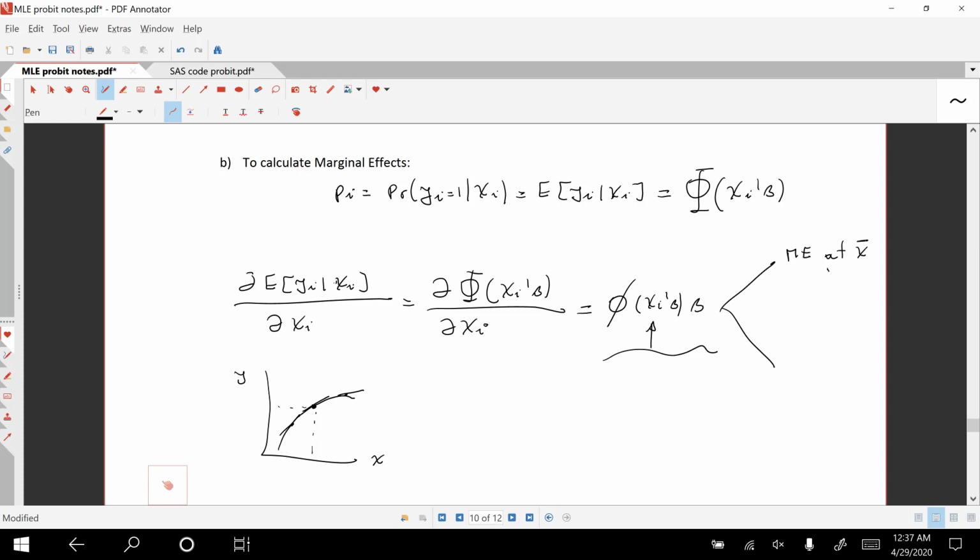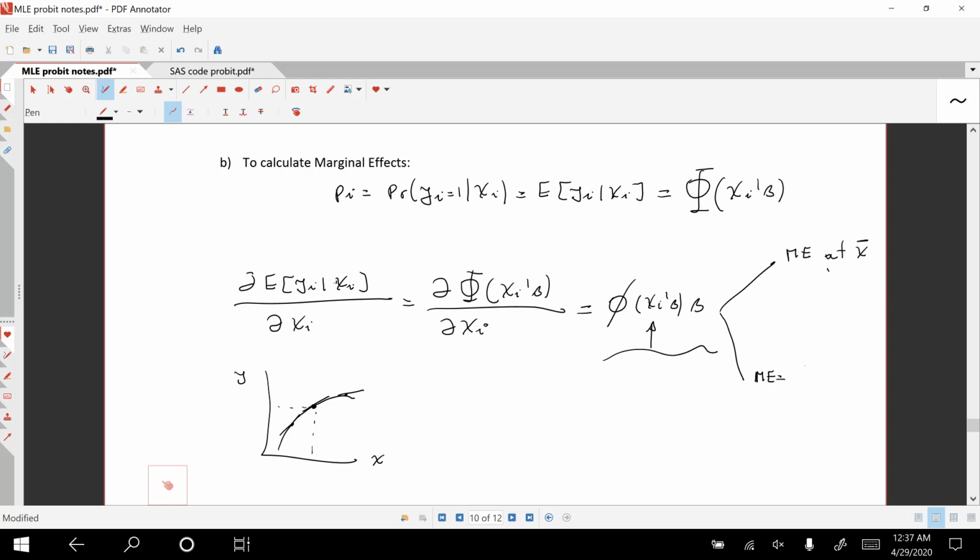But in this context, there is the alternative of calculating the average of the marginal effects for each xi. So both procedures asymptotically are supposed to be equivalent.